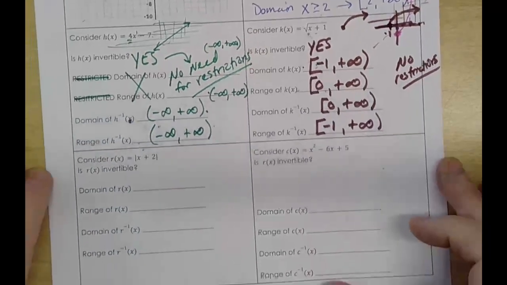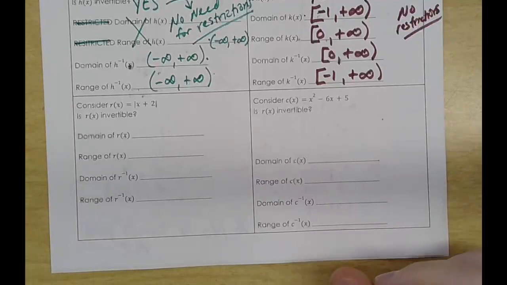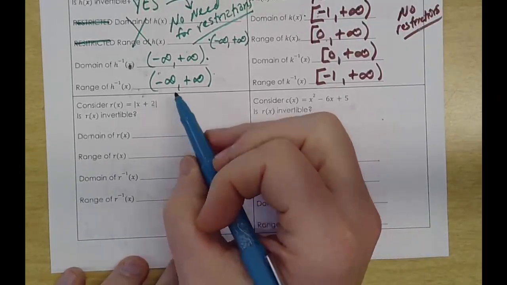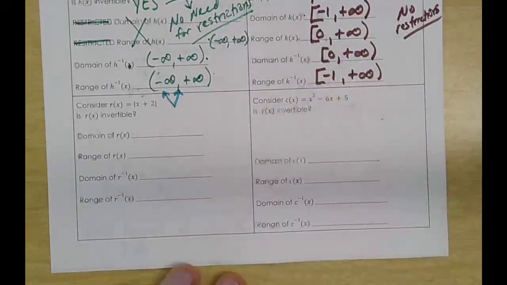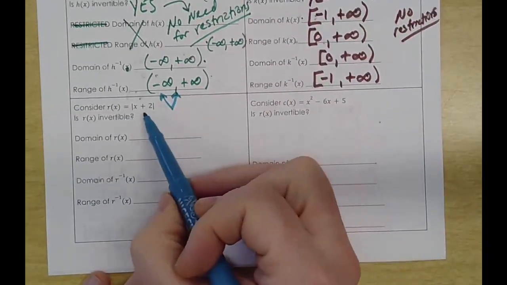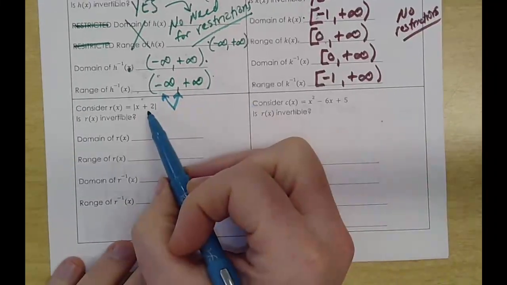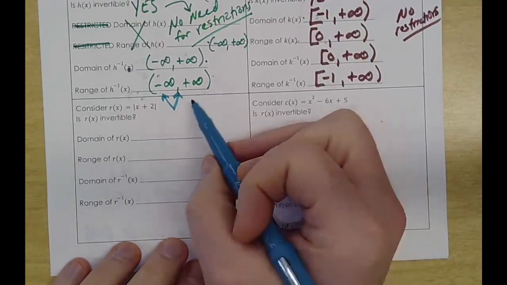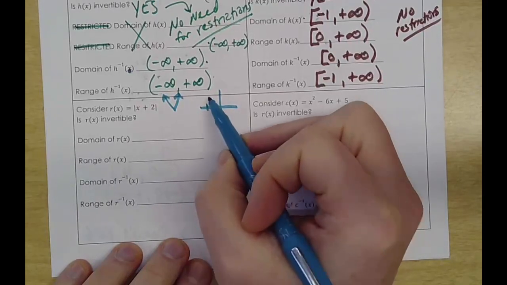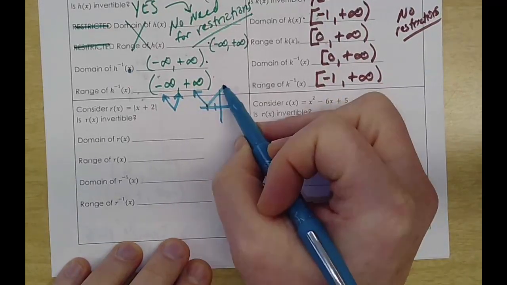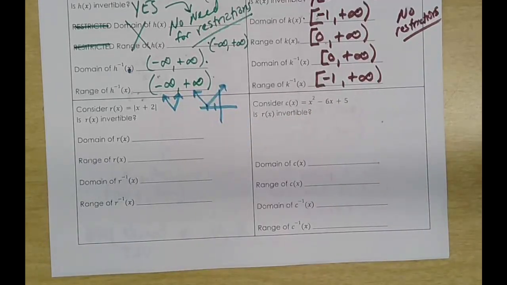Do we need restrictions? So the next one they do, this shape is a V shape, and it shifts the same way as parabolas. This x plus 2 on the inside means it shifts 2 to the left. So the graph would look like 1, 2, boom, and going up.